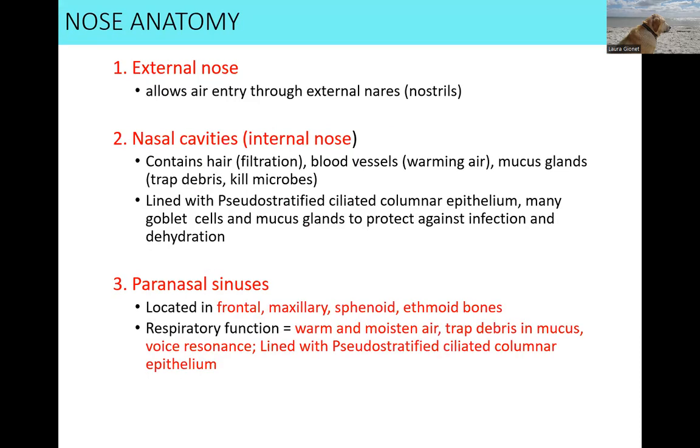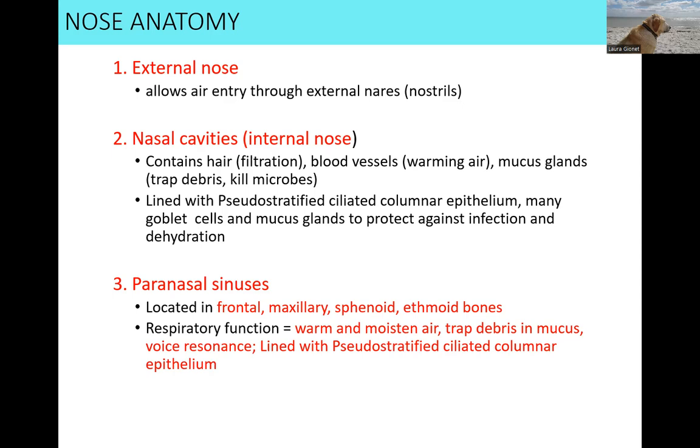The nose is composed of your external nares, your nostrils, which flare sometimes as you breathe in and out. We have the nasal cavities, or internal nose, which contain hairs for filtration, blood vessels for warming the air, and mucus glands for trapping debris, killing microbes, and moistening the air.